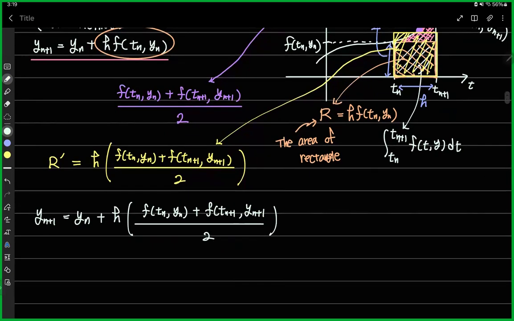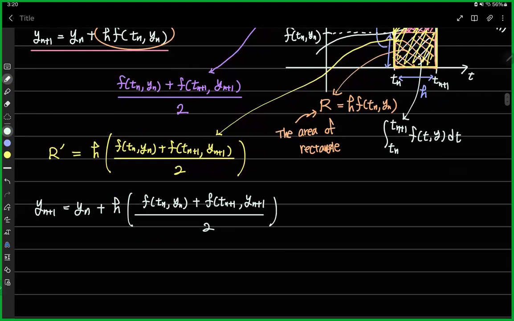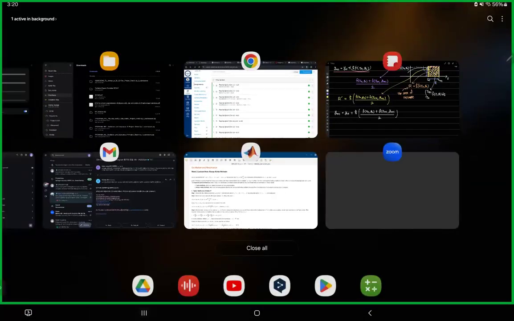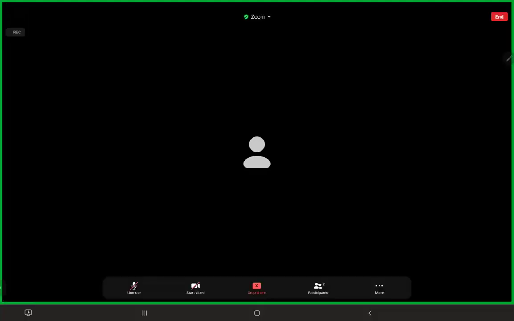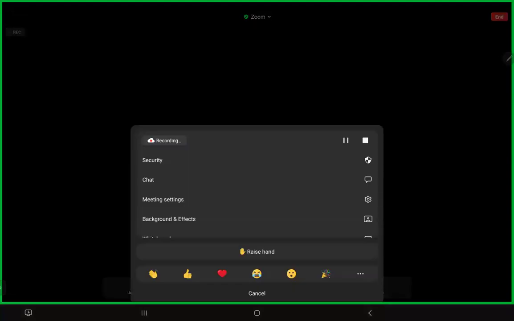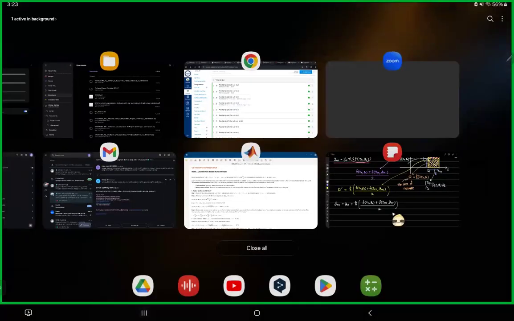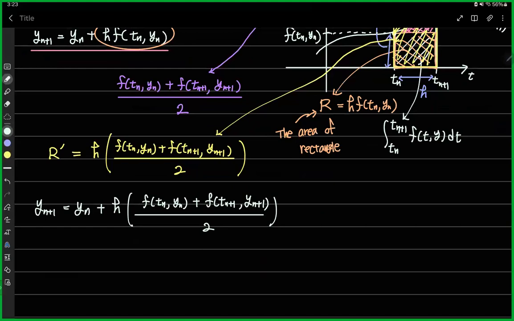Okay, here's the problem. What do you think the problem is? Since in this formula, this is an implicit method, or implicit scheme.